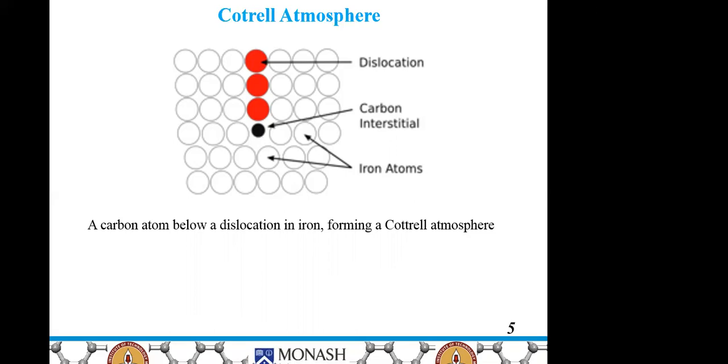So an extra force will be required for this dislocation to move and break this Cottrell atmosphere. So this is called the Cottrell atmosphere around this carbon interstitial atom below the positive edge dislocation.